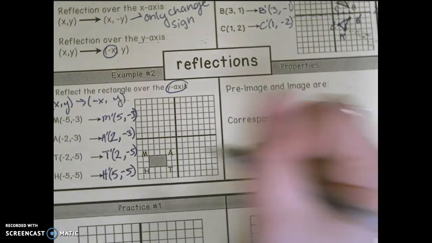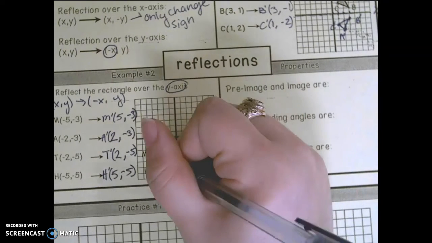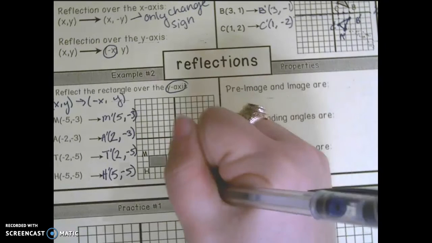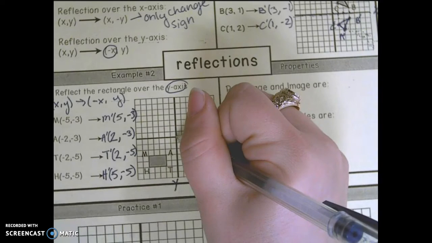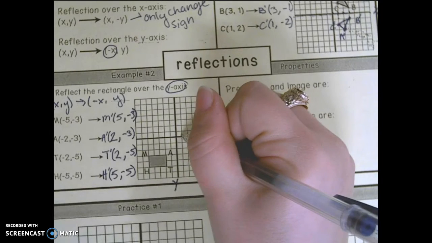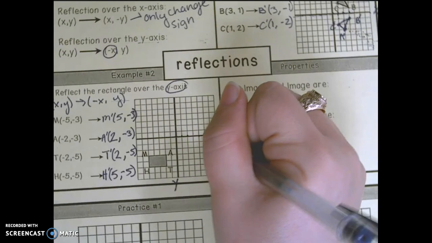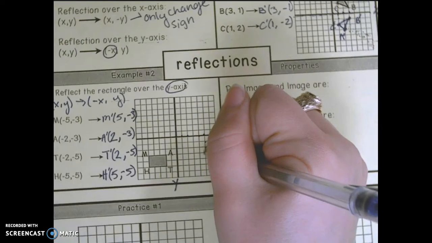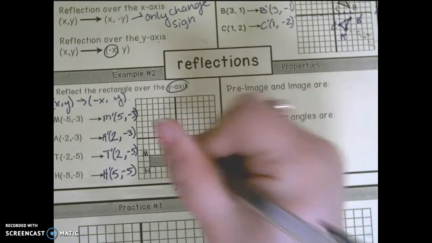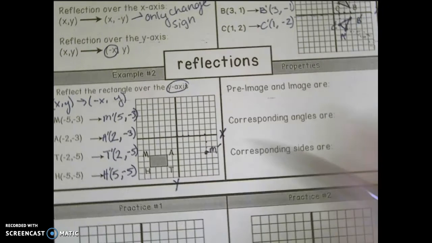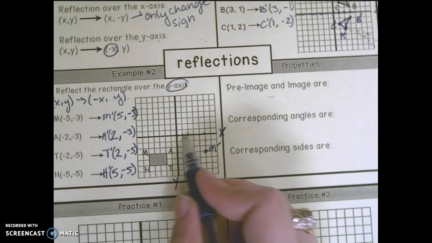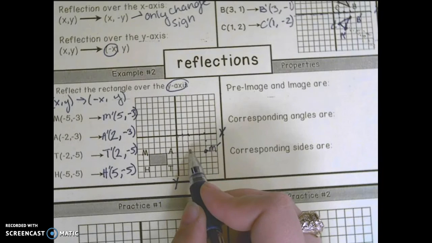So when we flip it over, we're going to count. Our M is at +5, so this is my x, this is my y. So I have my positive 5, which is 1, 2, 3, 4, 5, and negative 3, 1, 2, 3. So that's my new M reflected across. Then I'm going to do A, which is at 2, so 1, 2, and then down negative 3, 1, 2, 3.